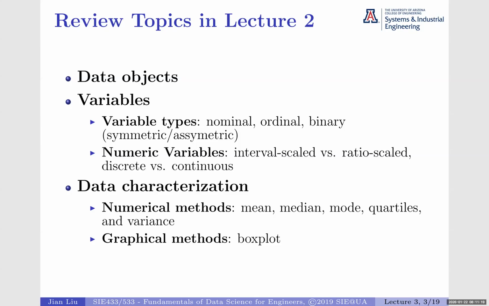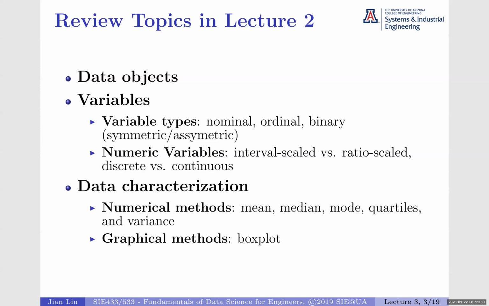And we have different types of variables. We have nominal variables, ordinal variables, binary variables. We have symmetric and asymmetric binary variables for those categorical features. We also have numerical variables. And for the numerical variables, we introduce interval scaled and ratio scaled, depending on whether it has an absolute 0, so on and so forth.